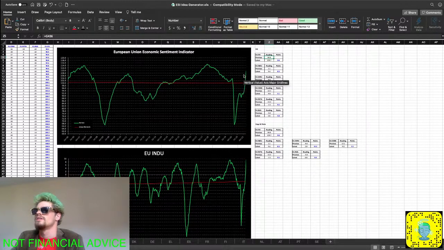And also just the change breaking above the trend line for European Union economic sentiment as a total, I did place kind of a lot of positions just for Europe as a conglomerate, as a whole continent.